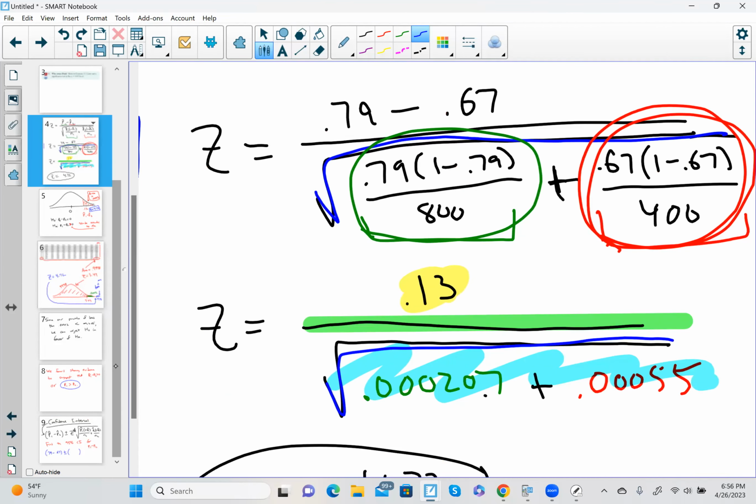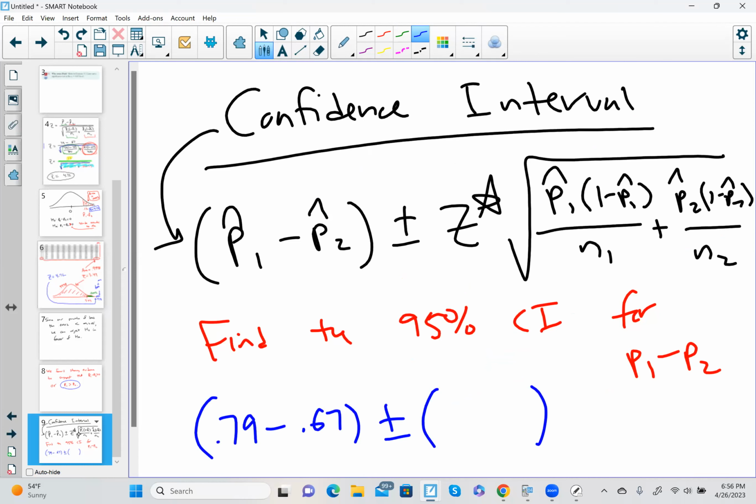So if you look at the denominator thing highlighted in blue, that's exactly the formula that we have in the confidence interval. So what's going to come next is going to be the square root of 0.000207 plus 0.00055.